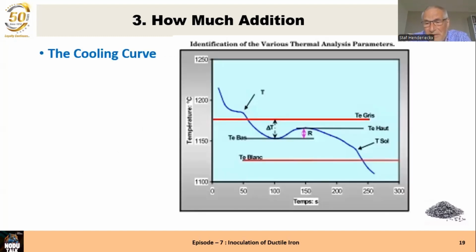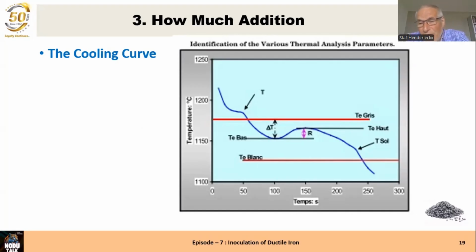The cooling curve. Every one of us knows or should know the cooling curve. This is the cooling curve with the cup that has no tellurium. Why? If you have tellurium, you don't have the cooling as it is in your mold. You should have it without tellurium. And you can see there are a few very important things on that.